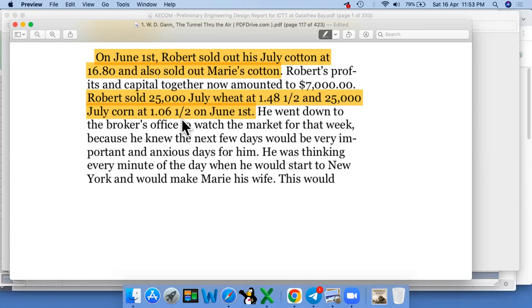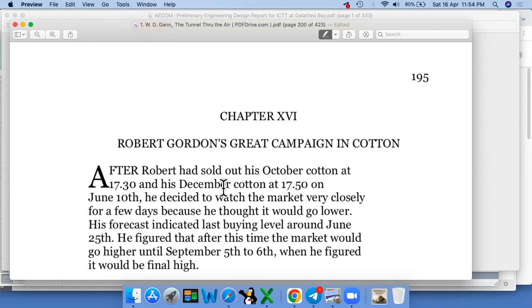195. The chapters in between are not that important. After Robert had sold out his October cotton at 17.3, his December cotton at 17.5, on 10th June. So probably this is somewhere around December quarter which has been given, but the dates are important for us that it is 10th of June, right? 10th of June was again a high.